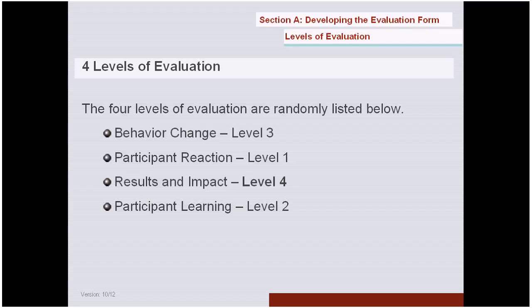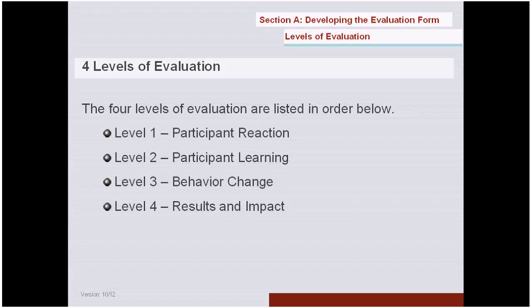Does that make sense? Yes. Right. So based on what we just discussed, here's the correct order of the 4 levels of evaluation. And as we proceed, we're going to discuss each level in this order. Any comments or questions? No. Okay.